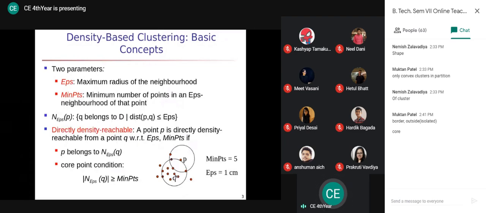For this particular point Q, can you identify what the N EPS value will be?